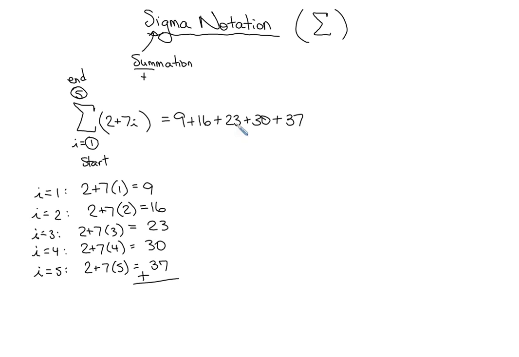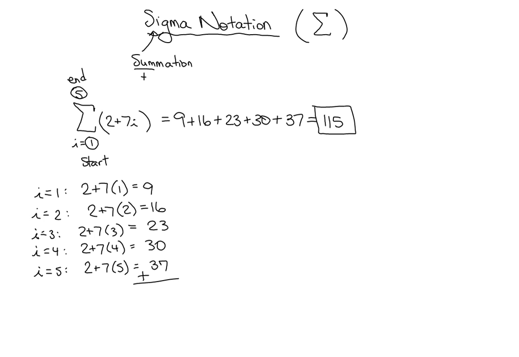That's 67, 70, 90, 106, 115. That's how you work out sigma notation, summation notation manually. The problem is, guys, what if this was I equals 1 to 57? Are you going to want to do it that way? Or what if it was I equals 1 to 1,000?